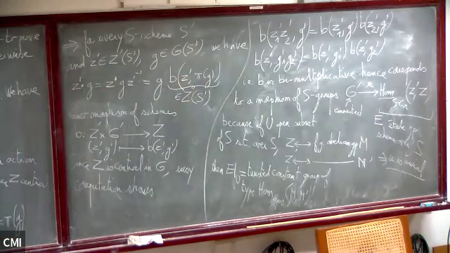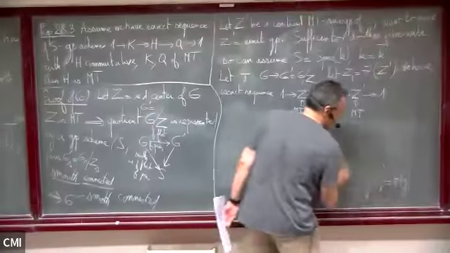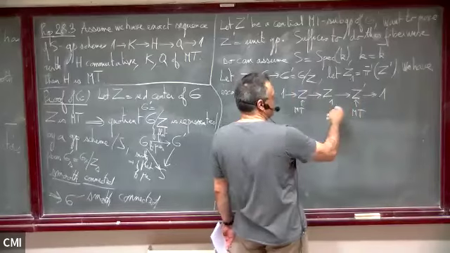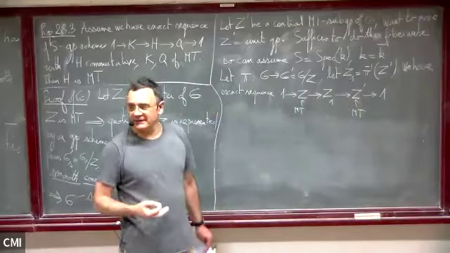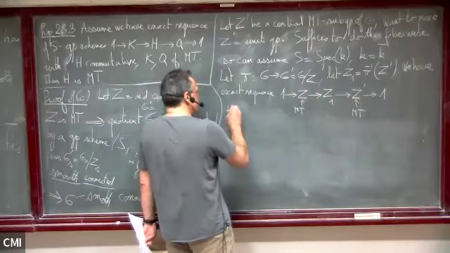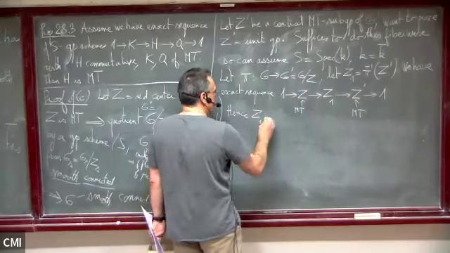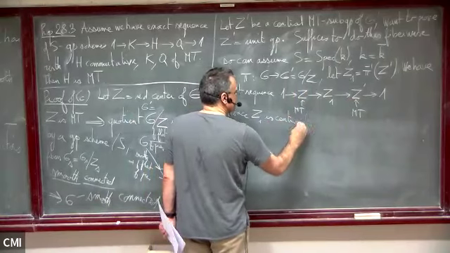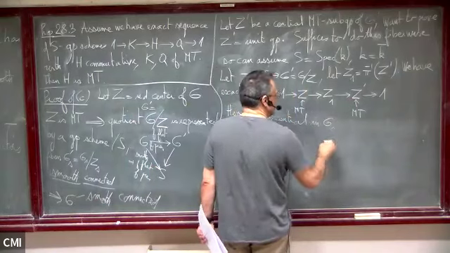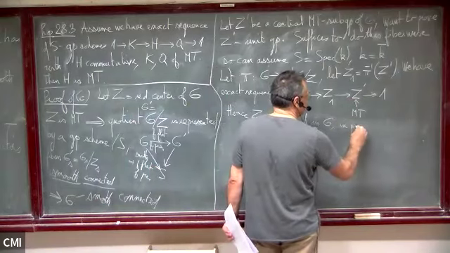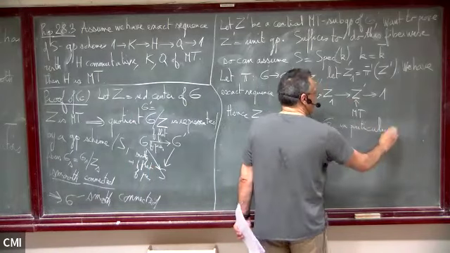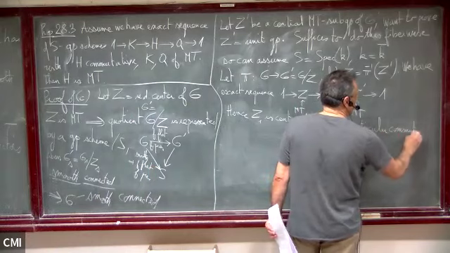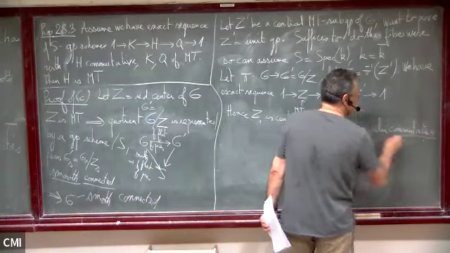Okay, so let me finish the proof here. We obtained that Z1 is central. So this proves that this induced action by conjugation of Z prime is trivial. And so we do obtain that Z1 is central in G, and in particular, it's a commutative group scheme.